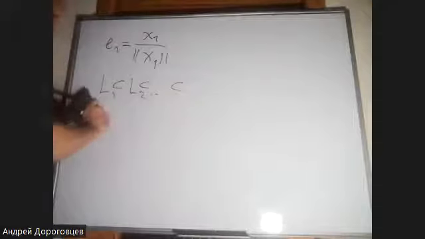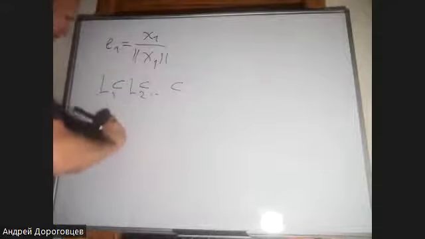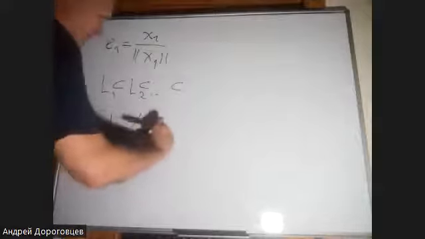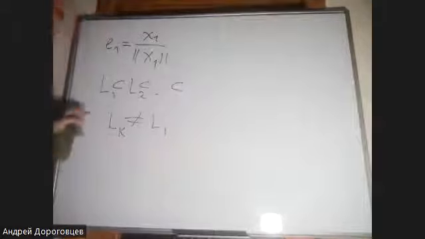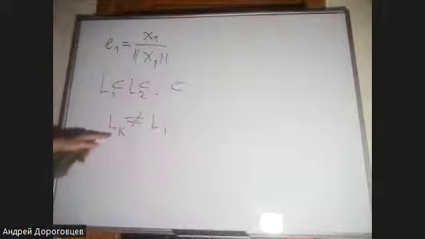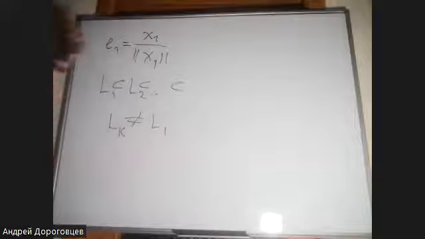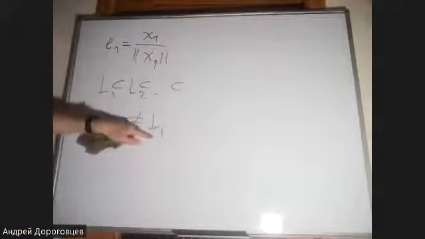And when we have the first L_k which is not equal to L_1, then it is evident that we have dimension equal to 2, and we can find a vector E_2 orthogonal to E_1.